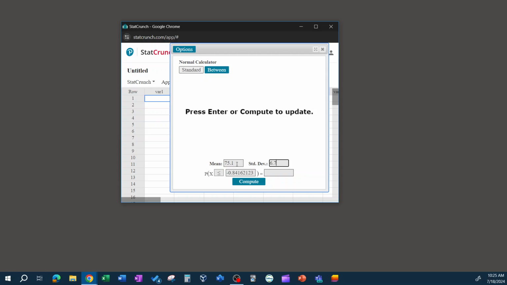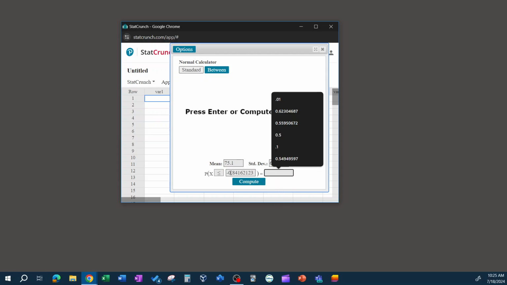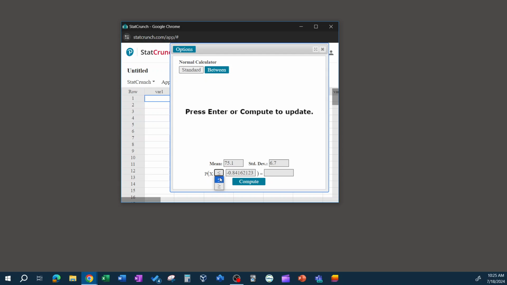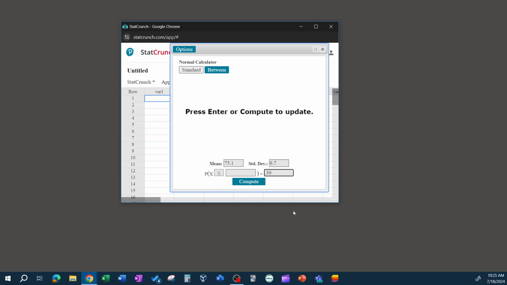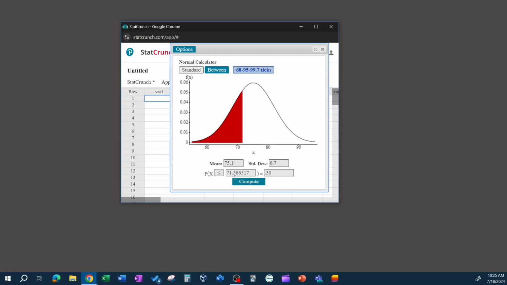And then they'll say, what score is the 30th percentile? That means to the left, where 30% of the data is to the left. So I'm going to choose this direction, and I'm going to put my percentage in this last box here. So 71.5 is the score where 30% of the other scores are to the left.